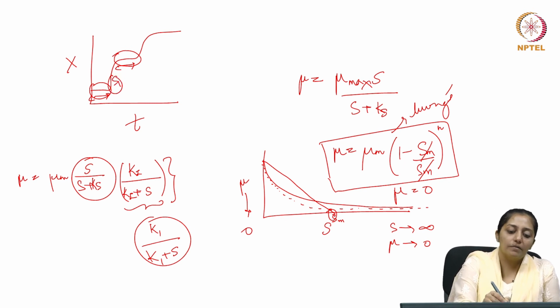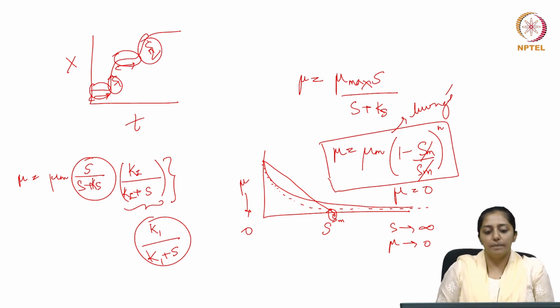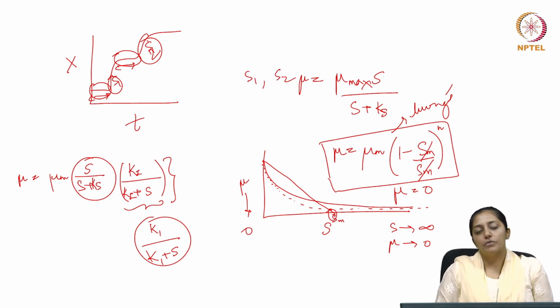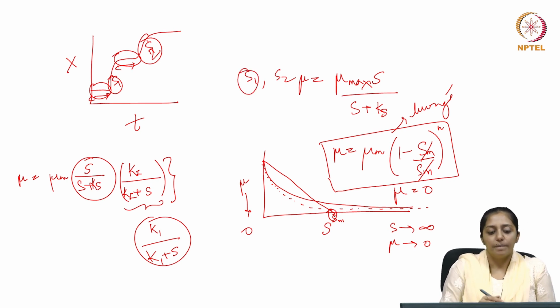Yes, if there is more than one kind of substrate present in the medium. Suppose there are two different kinds of carbon sources present in the medium. The culture generally prefers one carbon source over the other because it economizes its resources. So it will continue to utilize S1 as long as S1 is present.